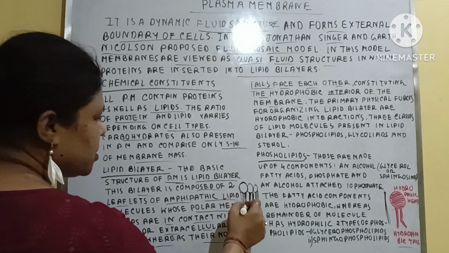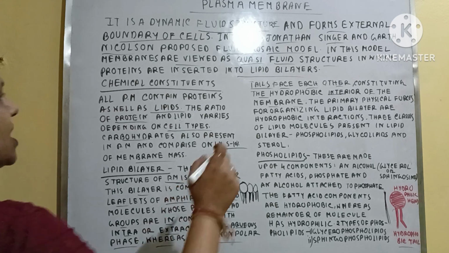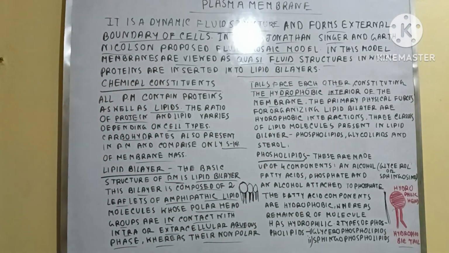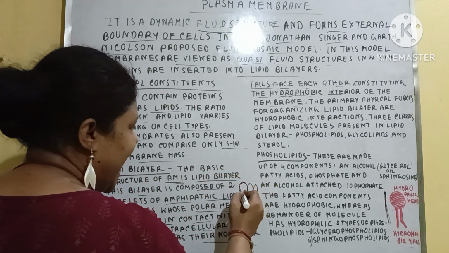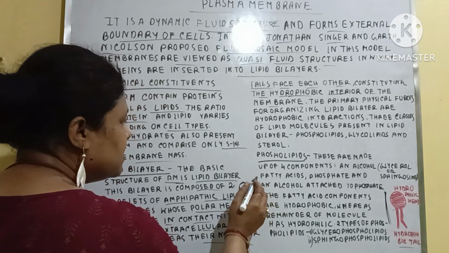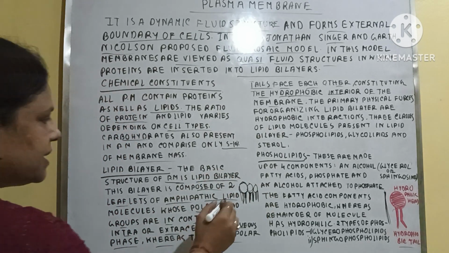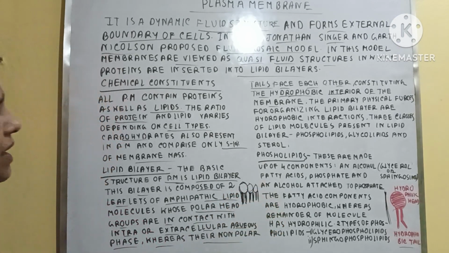The tail portion, which is the non-polar portion, faces each other and forms the hydrophobic interior of the membrane. That means the heads try to remain towards the hydrophilic side, and the tails remain on the opposite side of the heads.